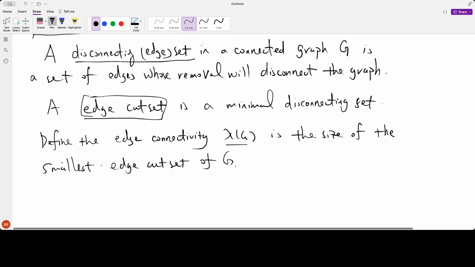So this number is exactly what you think it is. It means the smallest number of edges which, when you delete them, you can make the graph disconnected. Okay? So this is called edge connectivity.